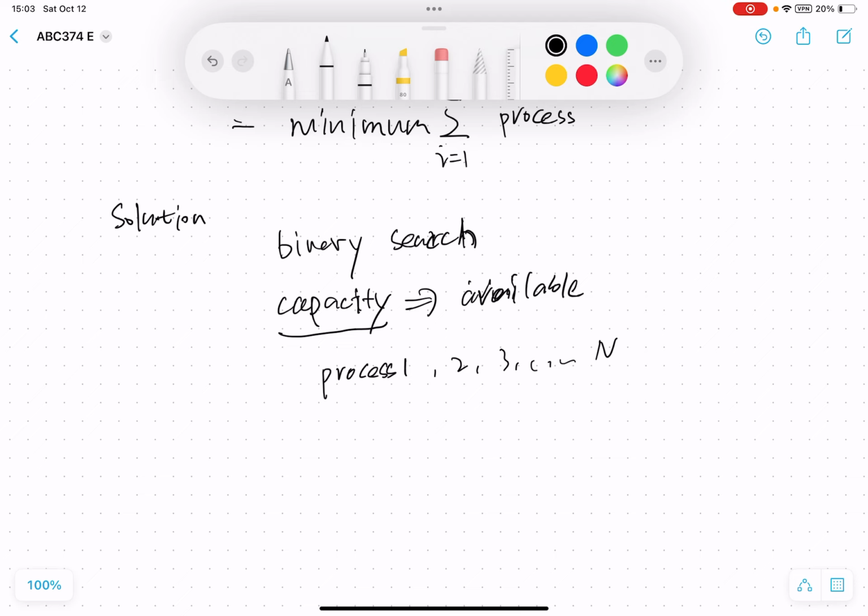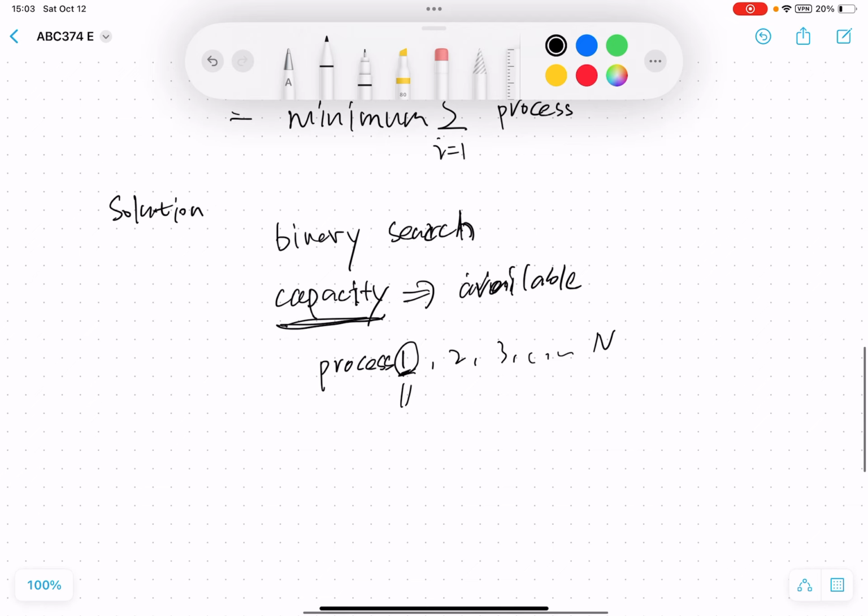If any of the processes does not have the capacity, it cannot be available. For every process, given a capacity, we can compute the minimum money we need.